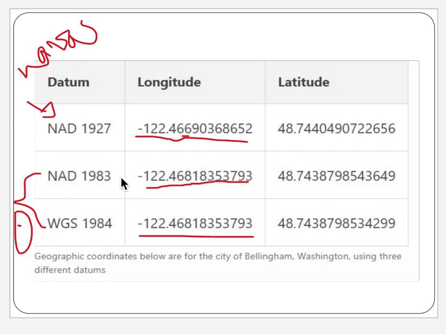But NAD 1983, because it's using the same type of ellipsoid based on the center of Earth's mass, is very similar: negative 122.46818353793. So it's exact. Whereas in the latitude, it looks like it could differ a little, but we know definitely there's a difference between NAD 1927 compared to the globally referenced ellipsoid and its datums.